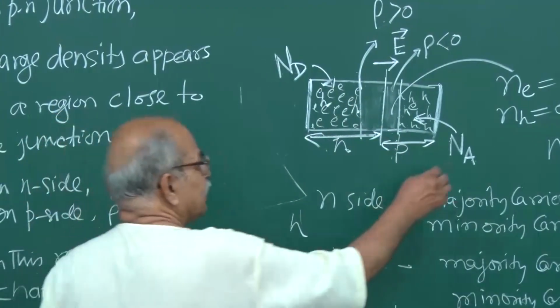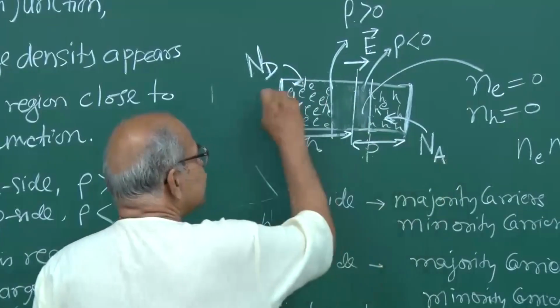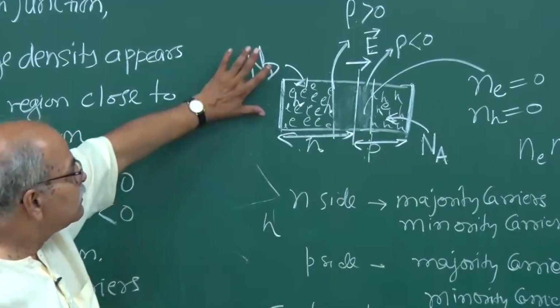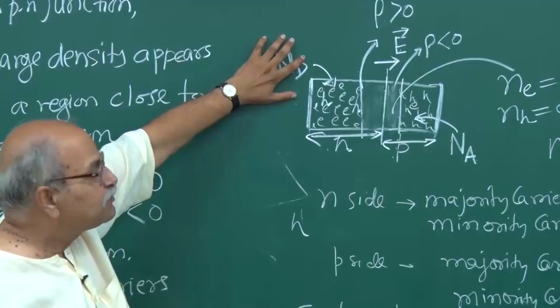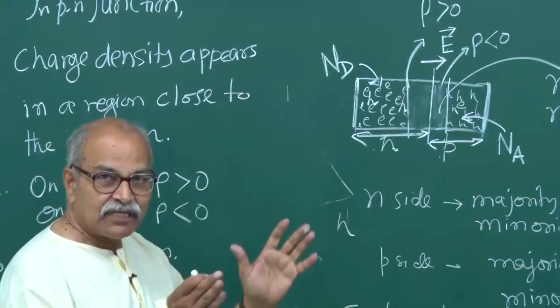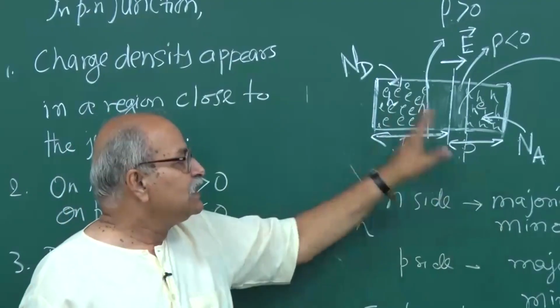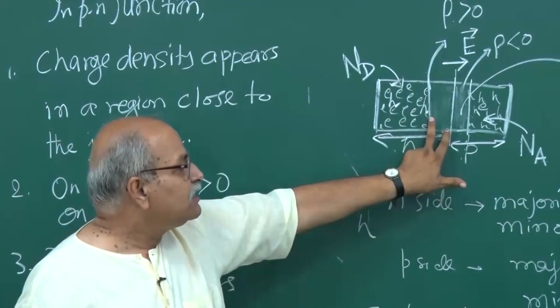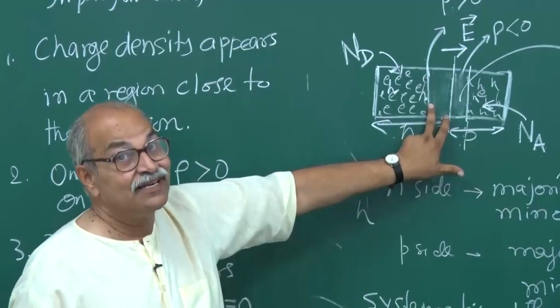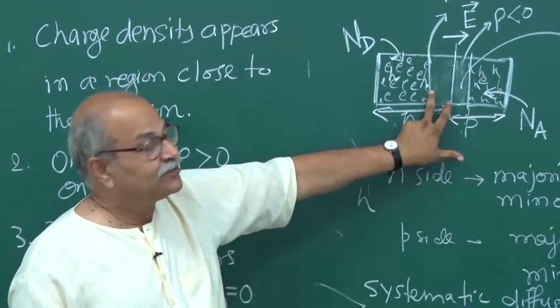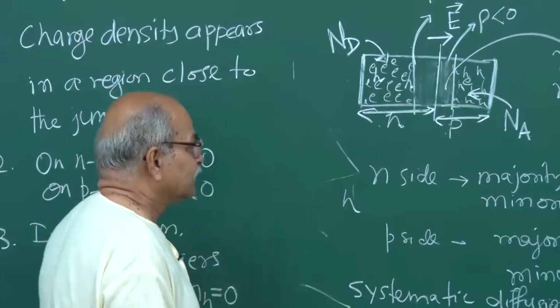Suppose Nd is large, then in a very small region you have enough electrons. Similarly, Na and Nd will decide this. The larger the impurity doping concentration, the smaller will be the width. So, if Na and Nd are not equal, you can have unequal widths on the two sides of the junction. So, those are the things.